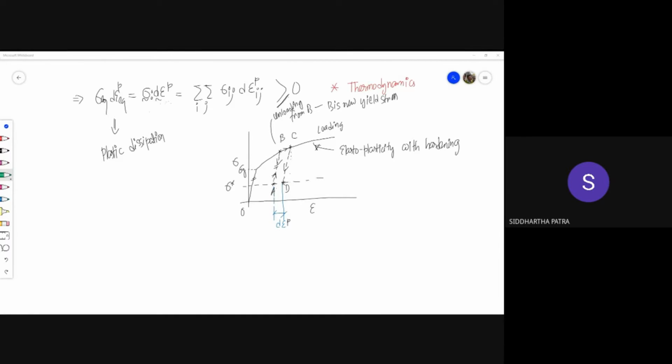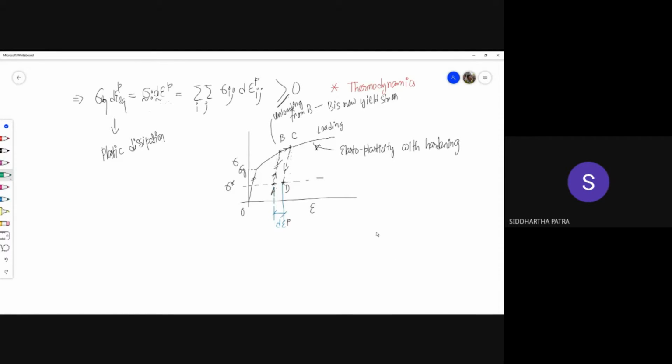So by that, we mean the plastic work done is actually zero. But when you go from B to C, there is some plastic work done, and then from C to D again it is zero.